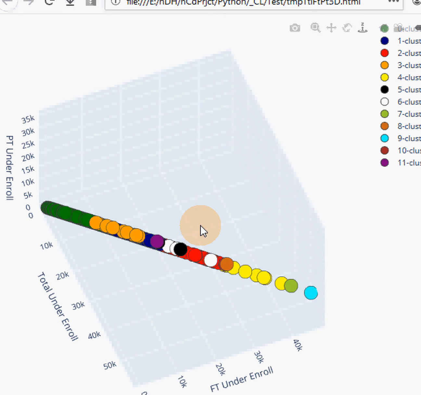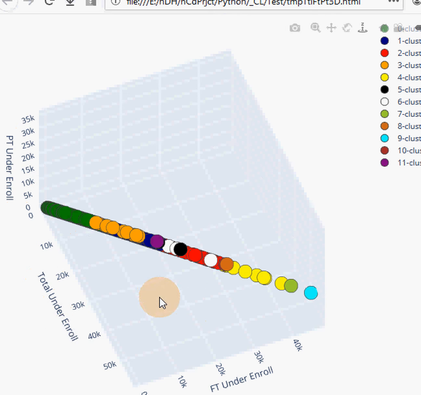And of course, this is because the three variables we selected are full-time undergraduate total, part-time undergraduate total, and the total undergraduate. And of course, the full-time plus the part-time equals the total.